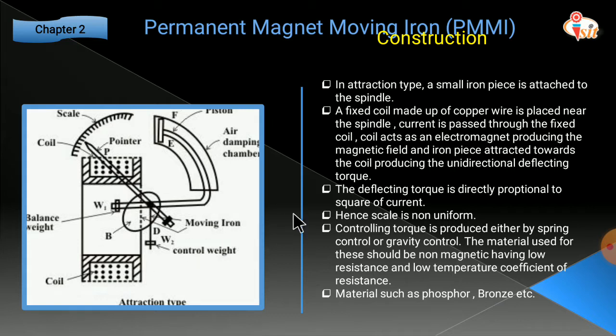Hence the scale is non-uniform. The deflecting torque is directly proportional to the square of current, that's why the scale is what?